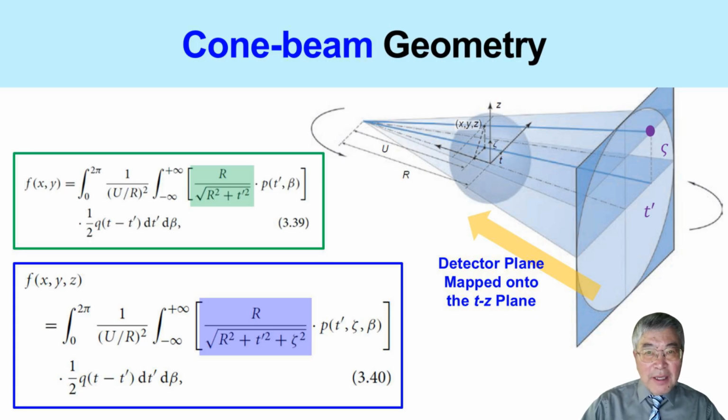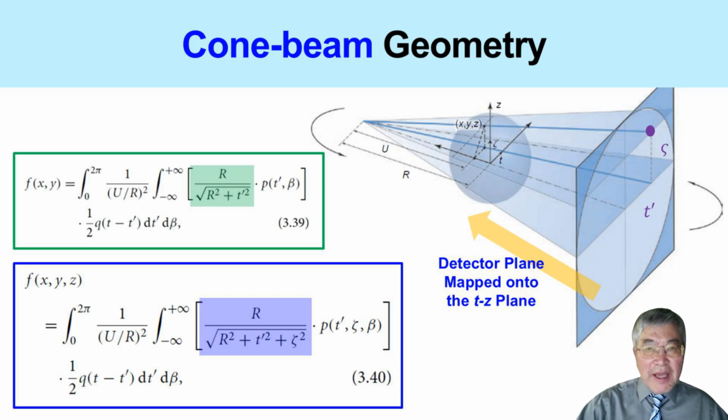If you compare the 2 formulas on this slide, the cone beam formula in the blue box looks very similar to the fan beam formula in the green box. The main difference is in the obliqueness correction factor. In the fan beam case, this factor depends on the source radius and the horizontal detector coordinate.